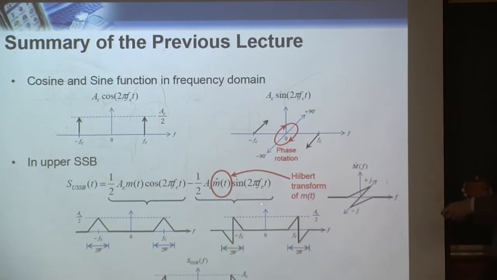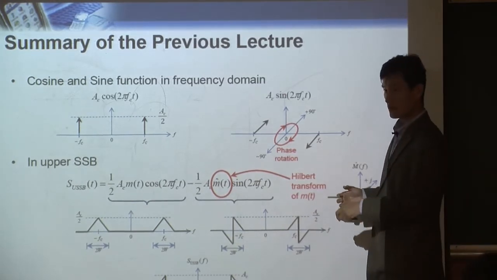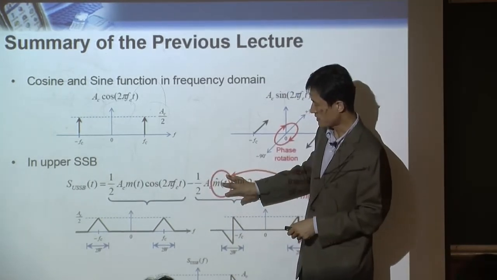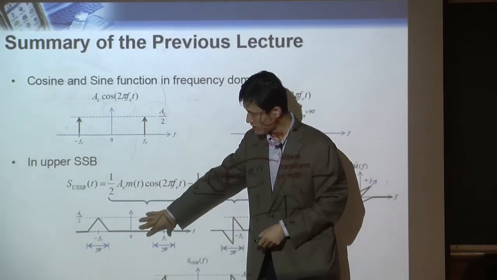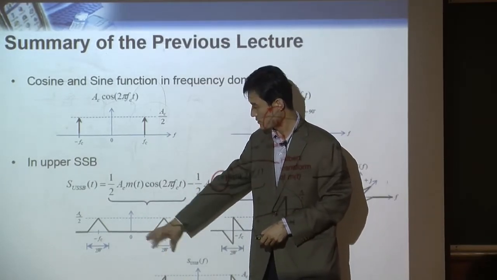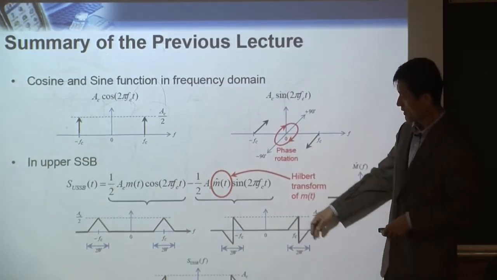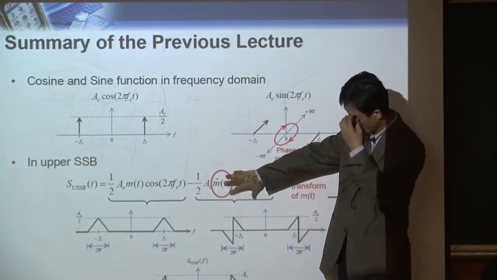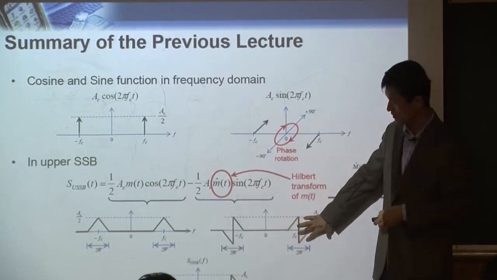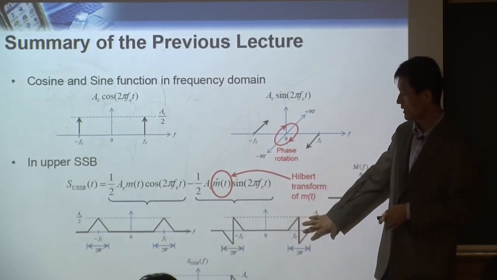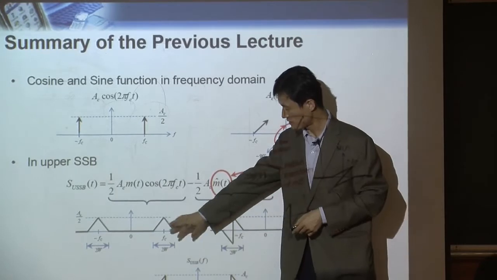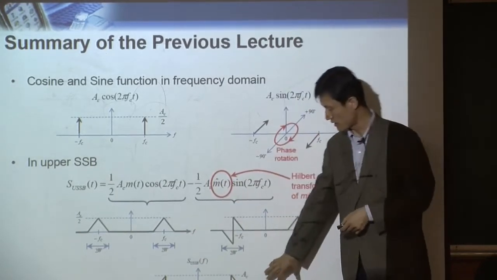So the intention is that by doing this, you have two terms in the upper sideband. In the first term, we originally have a double sideband, so the frequency response looks like this. And in the second term, we are going to create this kind of spectrum. That way, when you do this minus this, you're going to get this, right?